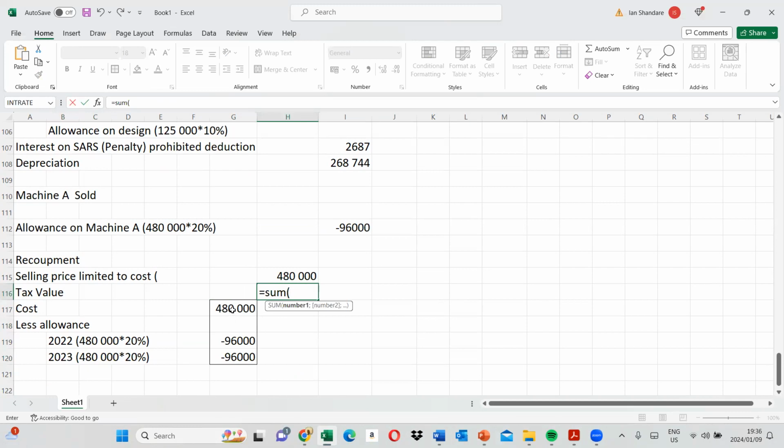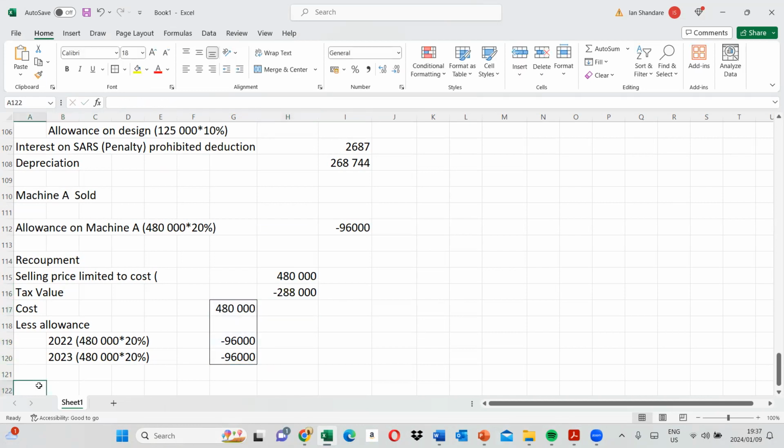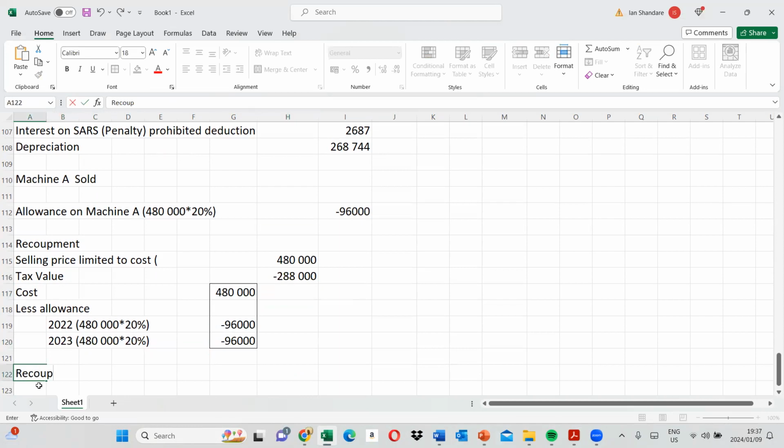So it's cost minus these allowances. That's what will give you tax value. And then that means your recoupment is going to be 480 minus 288. That's what will give you your recoupment.